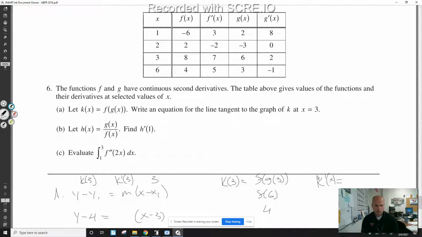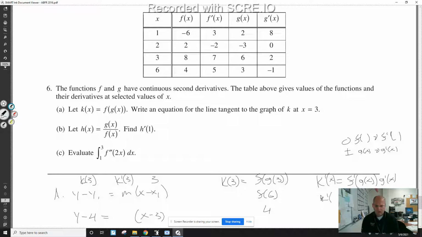Let's find K prime. The composition, O's and I's. If you weren't ready for that for the multiple choice, hopefully this will get you ready for it. It's not a product. This is a composition. The derivative of k of x is f prime of g of x times g prime of x.